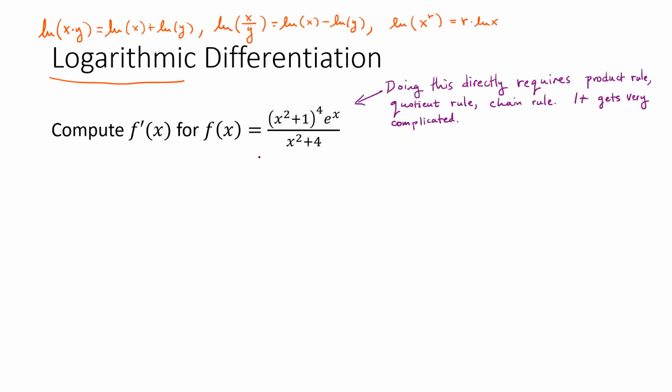So if I start by applying ln to both sides, we can exploit these properties here.